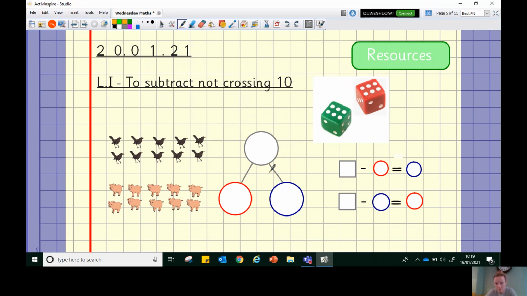So you might have a white plate for your whole, and then you might be able to get a red plate and a blue plate for your part, okay? And then what you can do is you can rearrange them to create your number sentence here, okay? So, and then you need 2 dice.